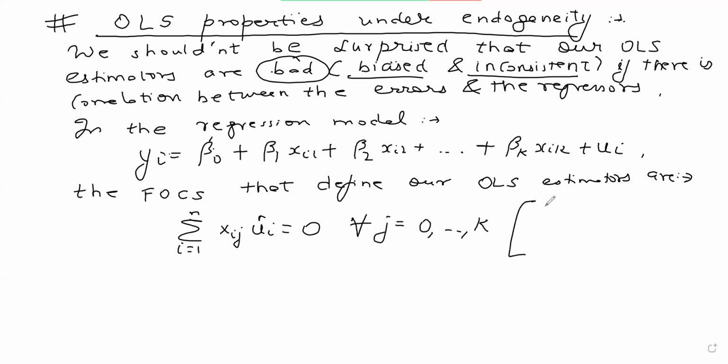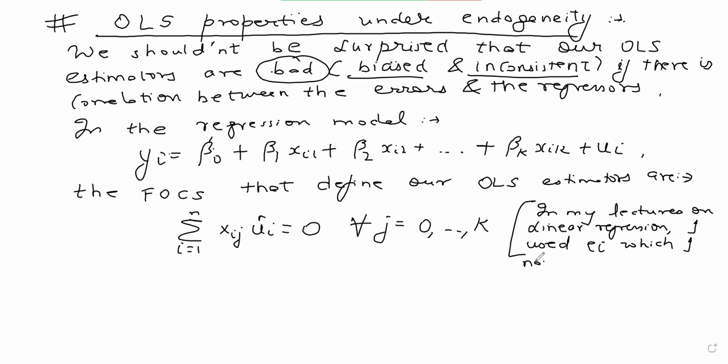Now remember, in my lectures, I have been using ei. So here comes the notational difference. In my lectures on linear regression, I used ei, which I now replace by ui, since I'm following Wooldridge exactly for my lectures on this particular module.